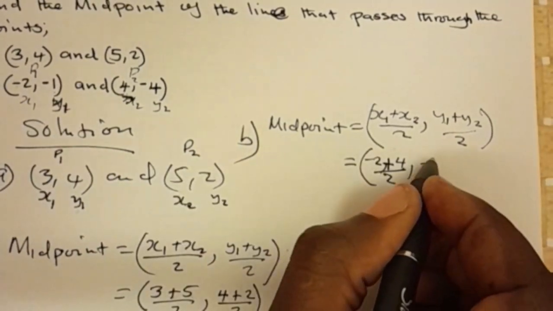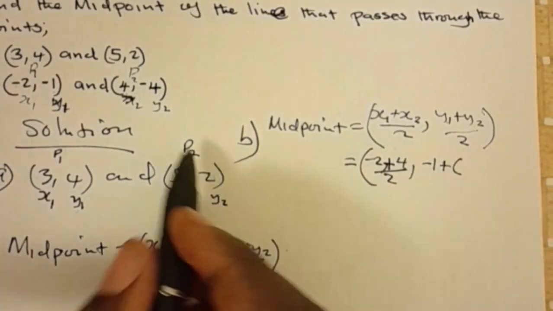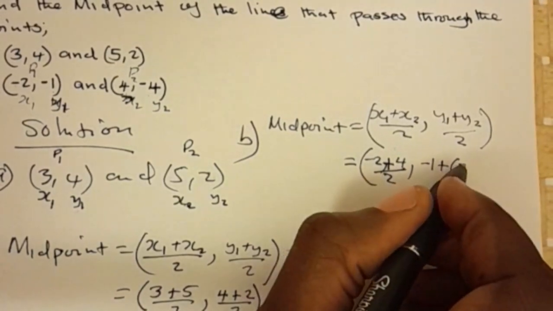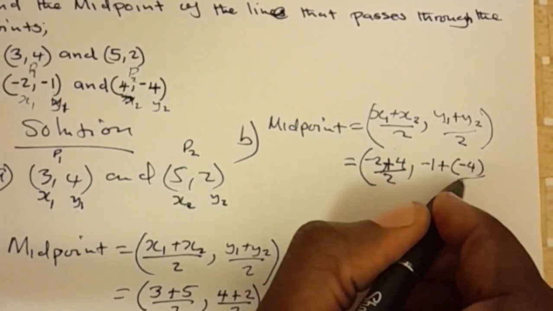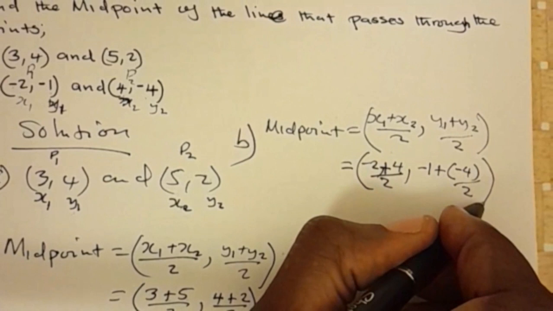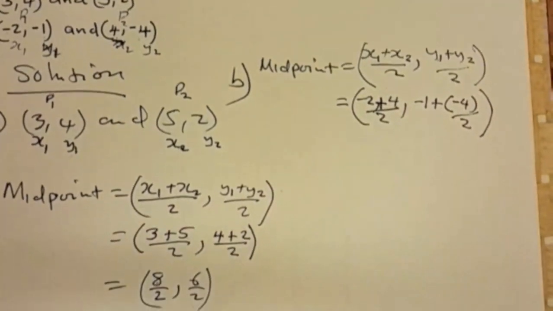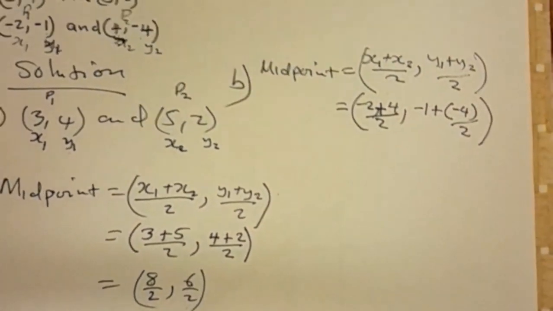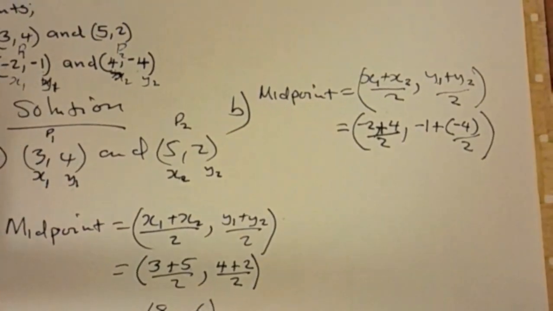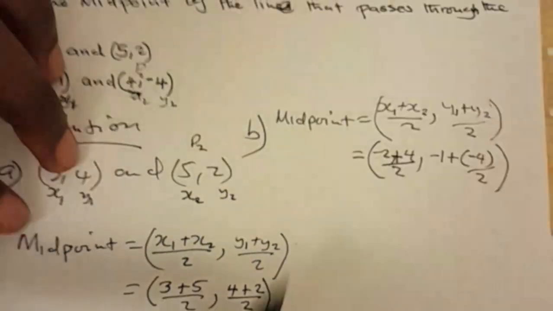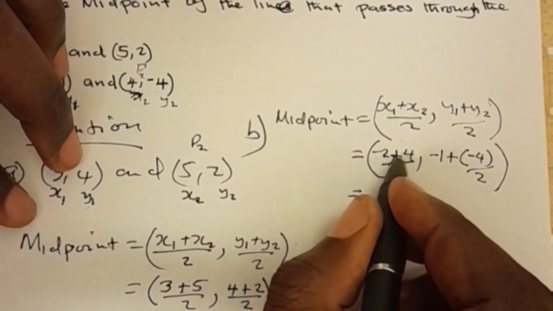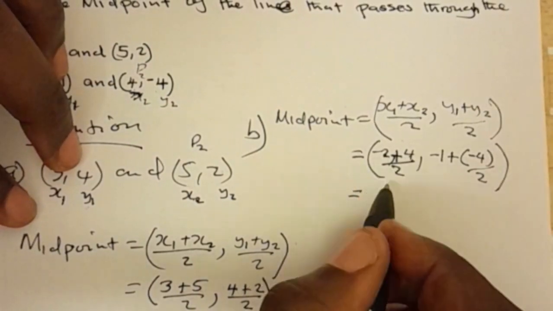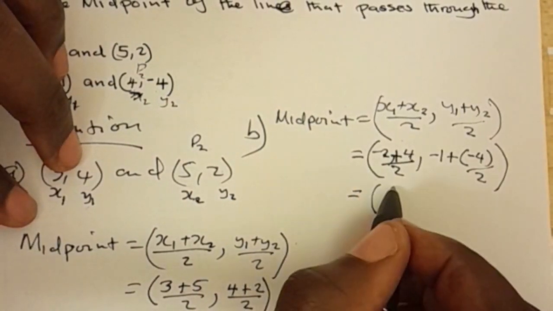So we have negative 1 plus y2 is negative 4, and this is being divided by 2, like this. Okay? So next, negative 2 plus 4, we are going to have 2.